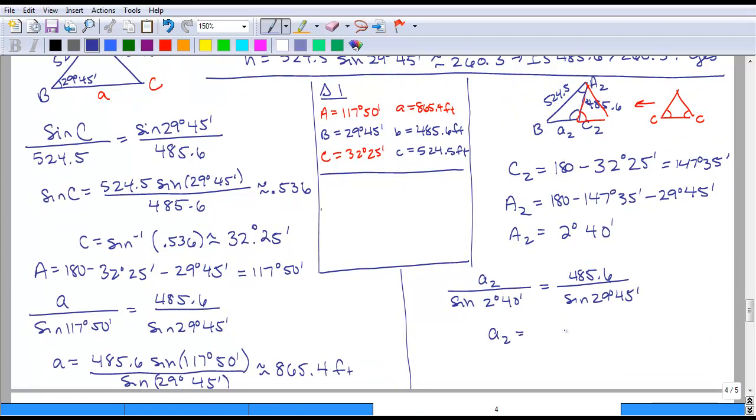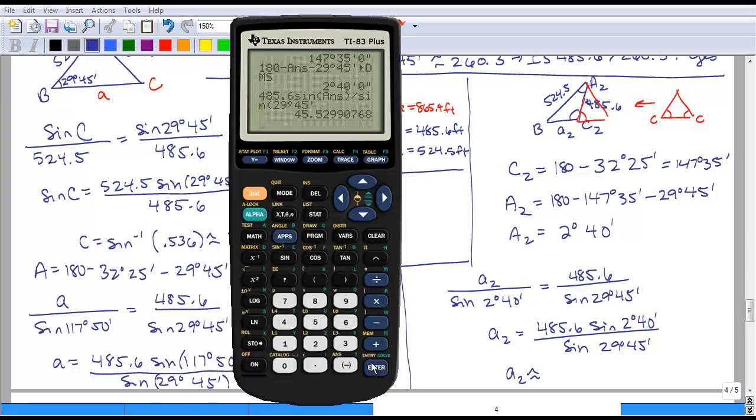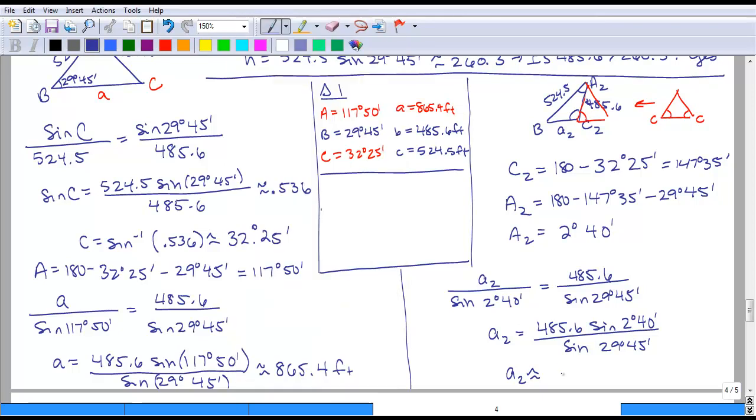So A2 is going to be 485.6 times the sine of 2 degrees 40 minutes divided by the sine of 29 degrees 45 minutes. And we end up with A2 coming out to be approximately what? This is a length here. We come up with approximately 45.5, and our units again are feet.